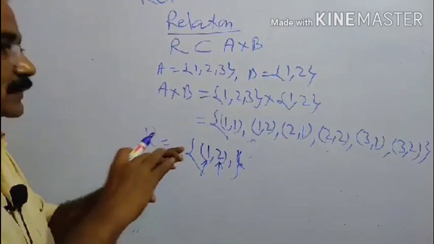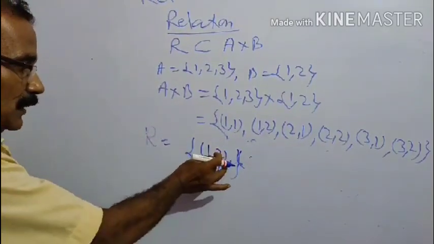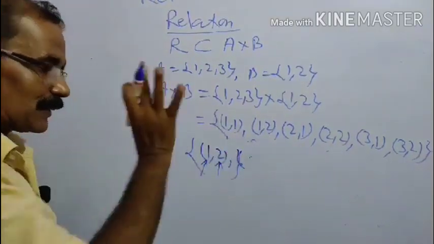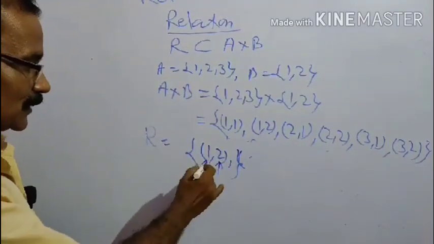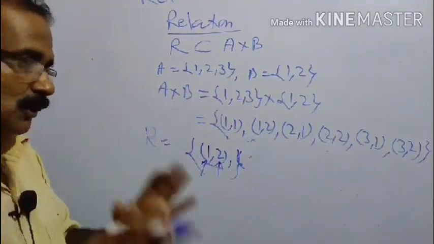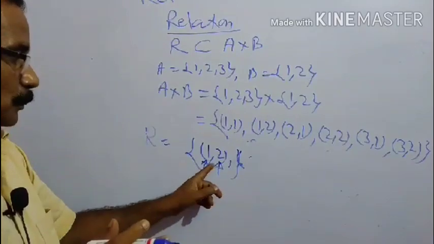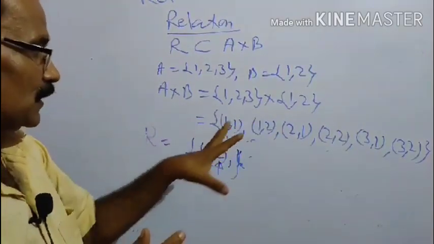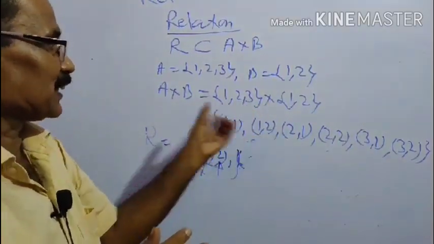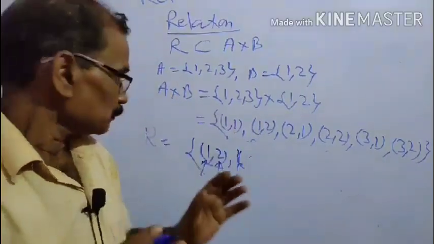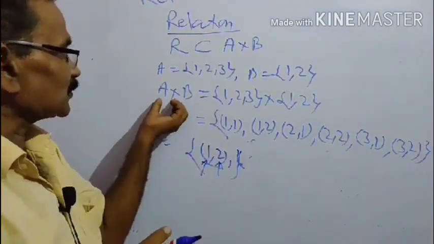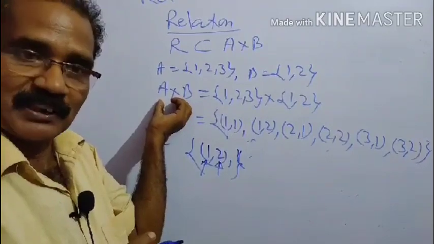It means this is the relation a is less than b. It means the relation will consist of such ordered pairs which R can take from A cross B, because R is a subset of A cross B.